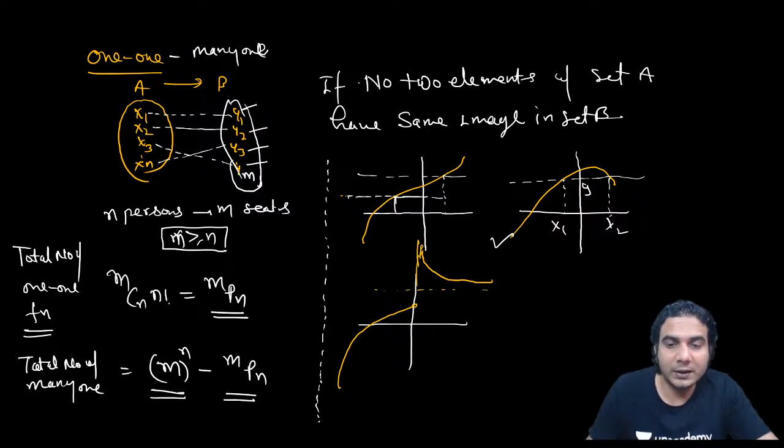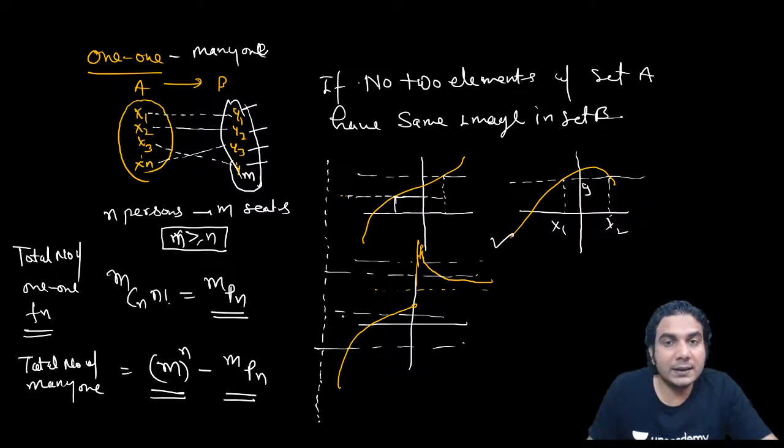But it is one-one because anywhere you plot a horizontal line, it will cut the graph at only one point. So you can't say that the graph should always be increasing, okay? But if it is always increasing and continuous, always increasing for all x, then surely it will be one-one. But if it is not always increasing, then you can't say it won't be one-one. It can be one-one then also, all right? So that is the whole idea. I hope you have got it.